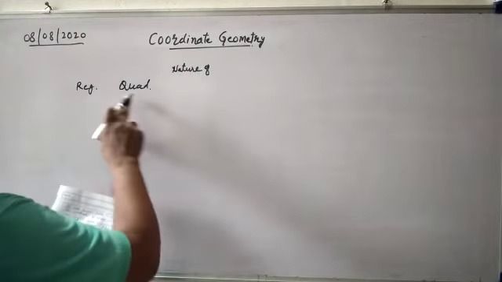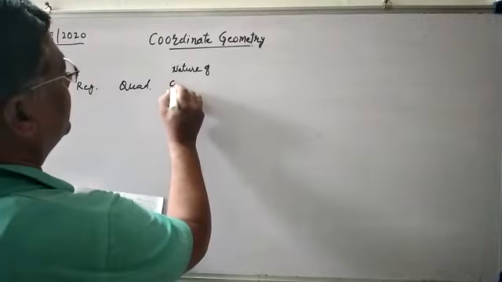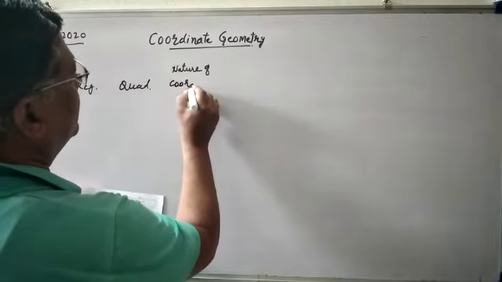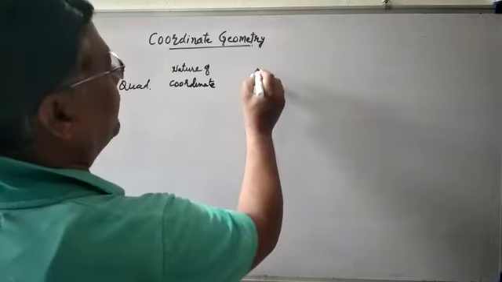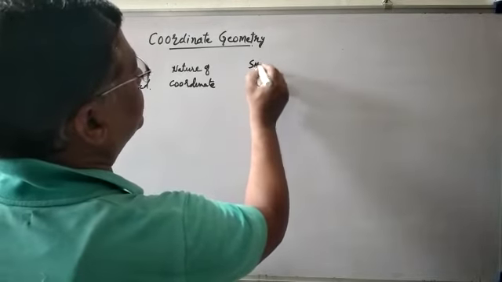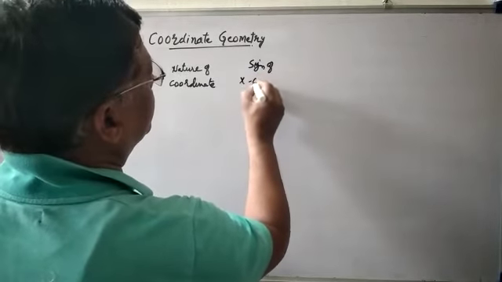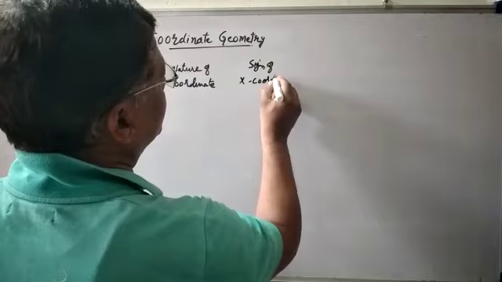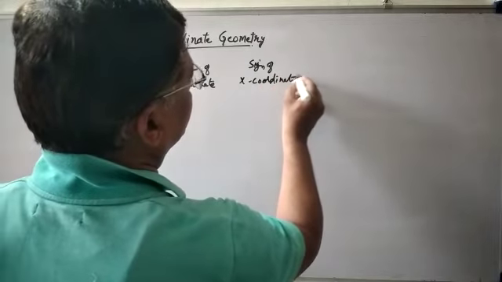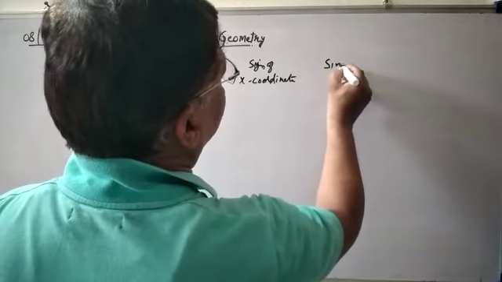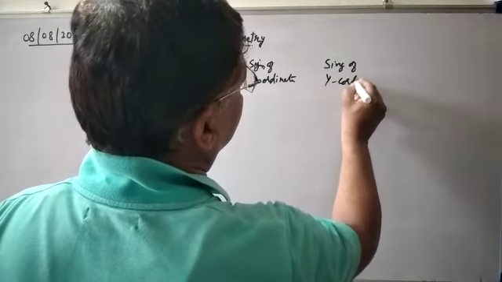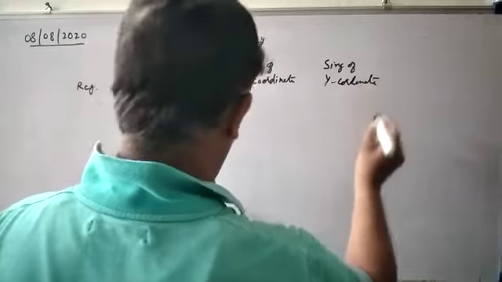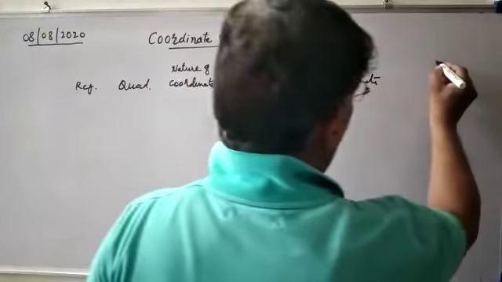First of all, region, quadrant, nature of coordinate, then sign of x coordinate, sign of y coordinate, and sign of coordinate of a point.